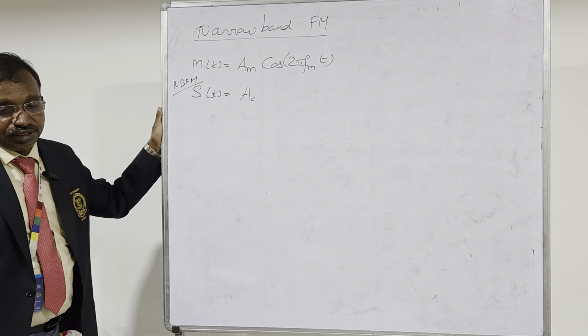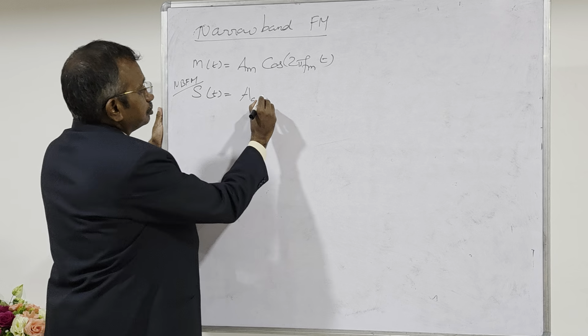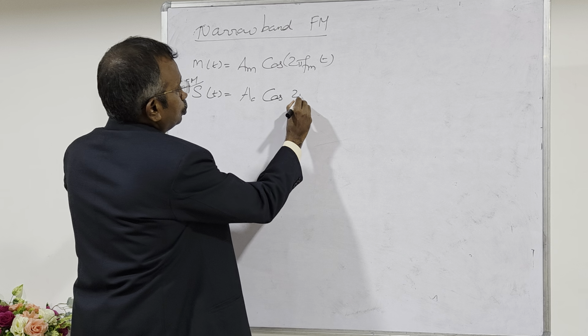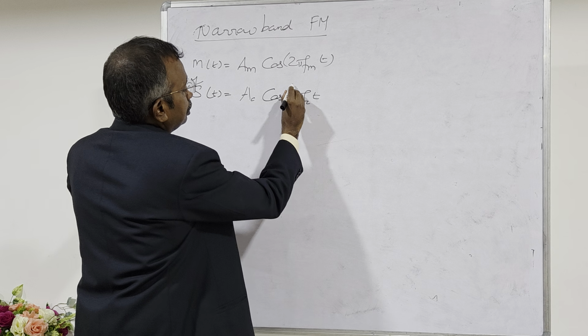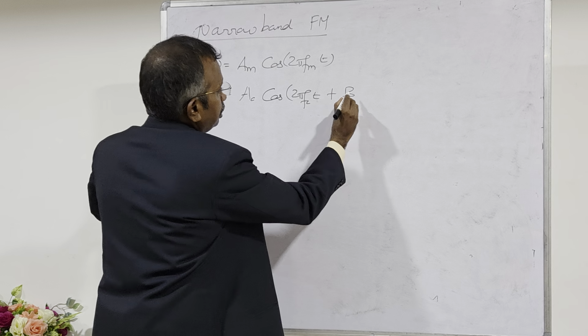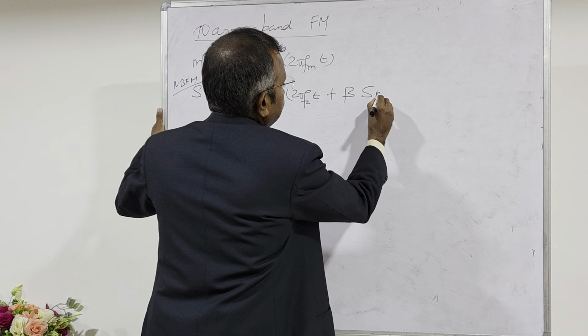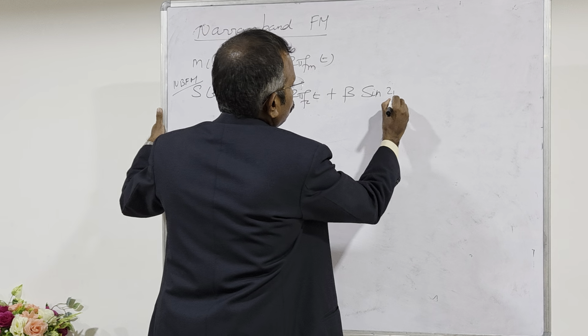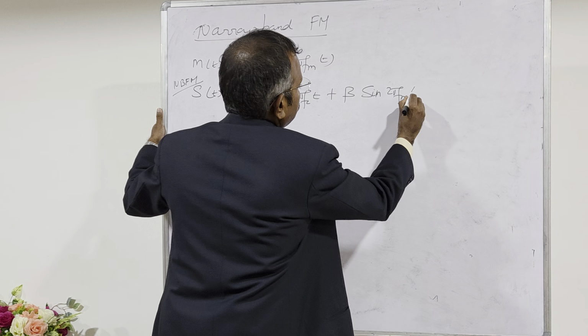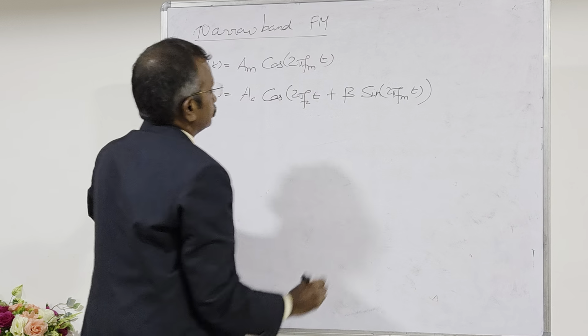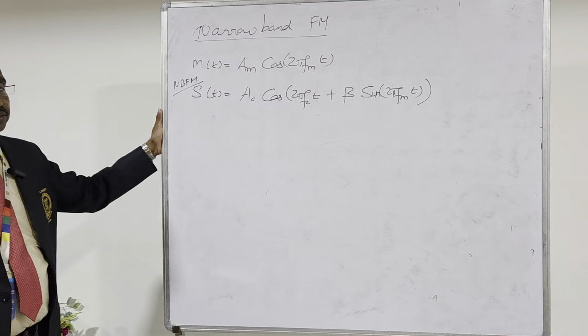Ac cos(2 pi fc t + beta sin 2 pi fm t). So this is the equation for the FM signal, right?